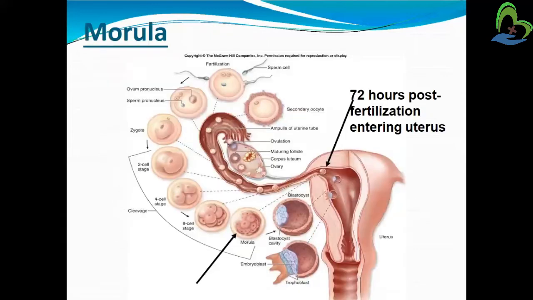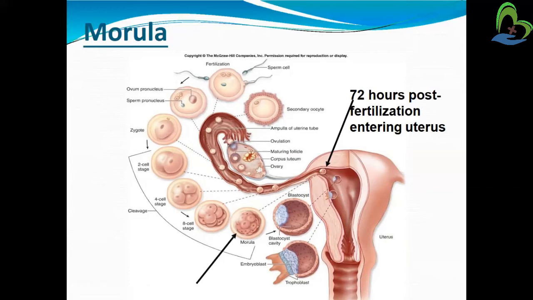Next, how the morula occurs. This is the uterine cavity, the structure of the uterus, and this is the fertilization. Sperm and ovum fuse and fertilization takes place. After fertilization, 72 hours later, the post-fertilization events start and it enters the uterus, as we already learned in the previous slide.